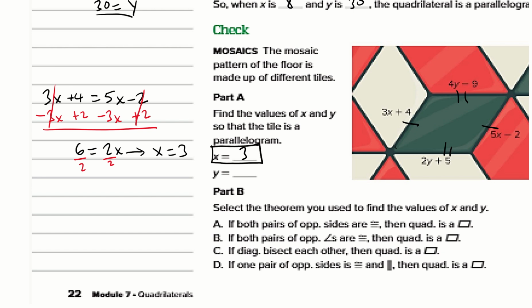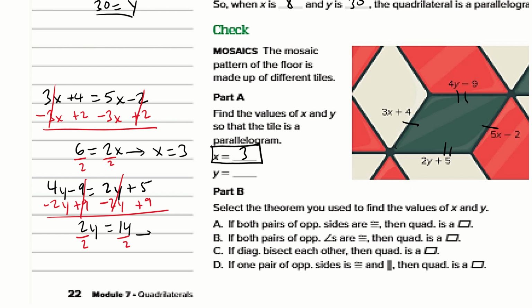All right, and then we're going to get y, so set the other two equal, so 4y minus 9 equals 2y plus 5. So subtract 2y on both sides, add 9 to both sides. We get 2y equals 14, divided by 2, so y equals 7.